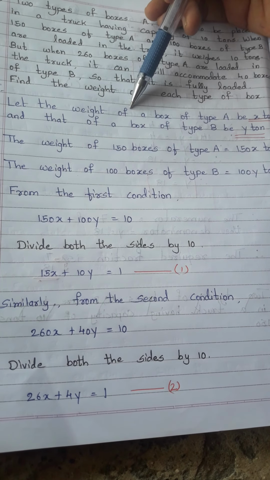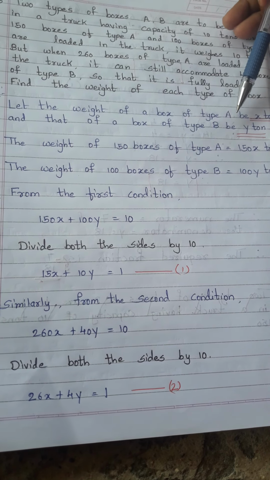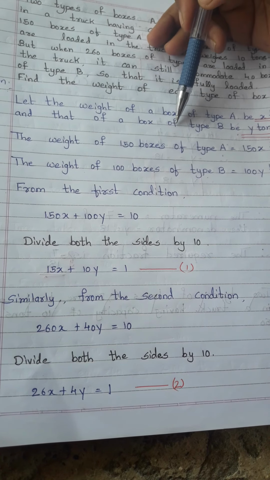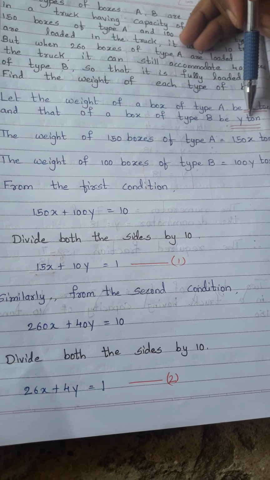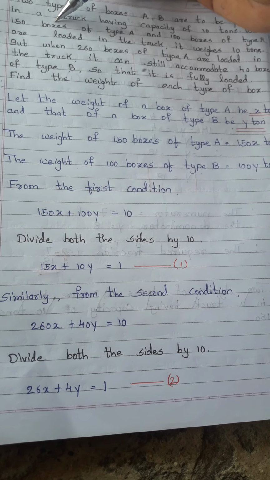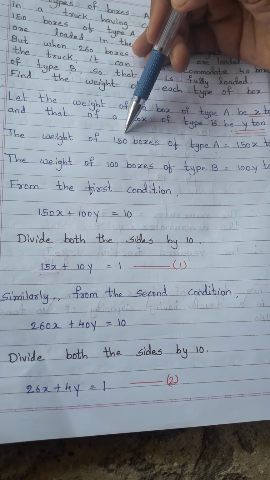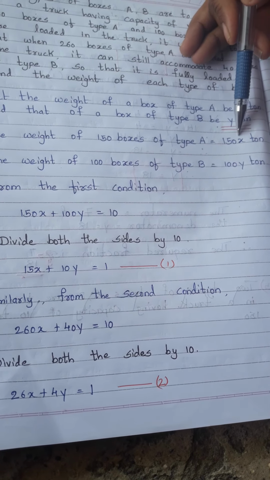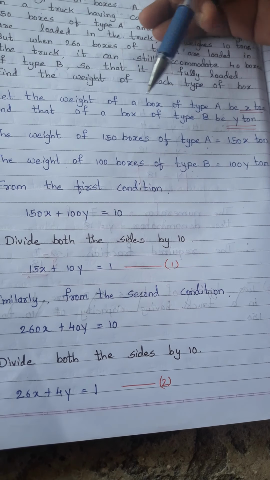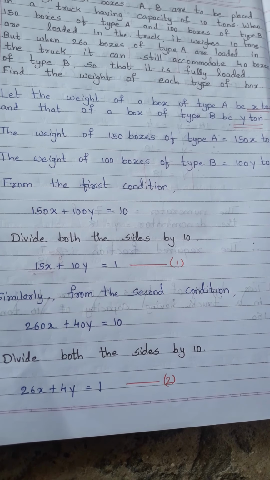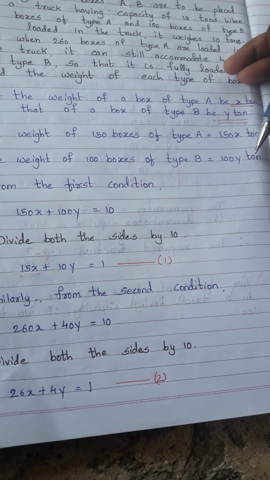Let the weight of a box of type A be X ton and the weight of a box of type B be Y ton. There are 150 boxes, so the weight of the 150 boxes of type A is 150X ton, and the weight of the 100 boxes of type B is 100Y ton.